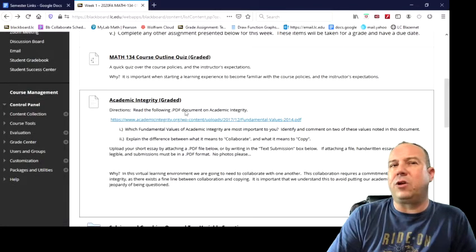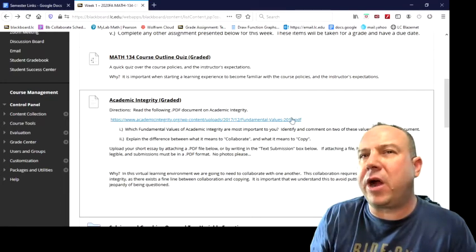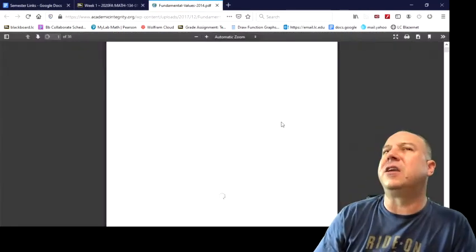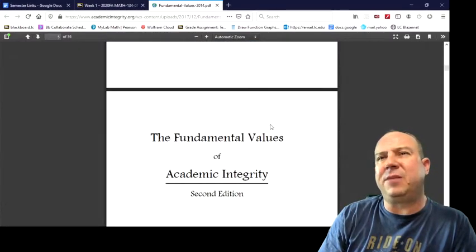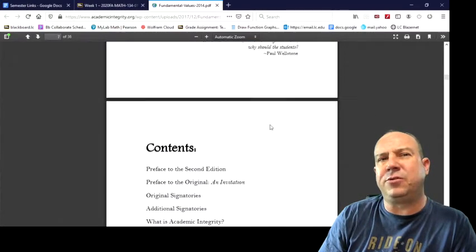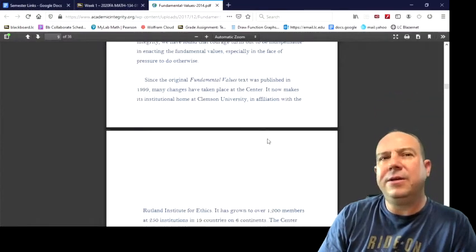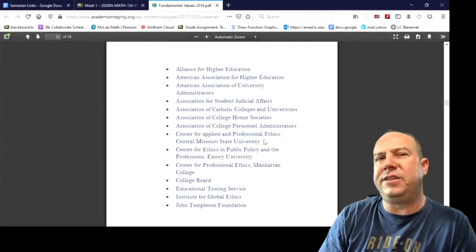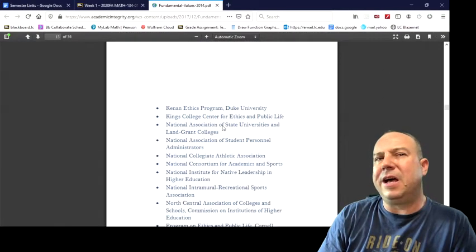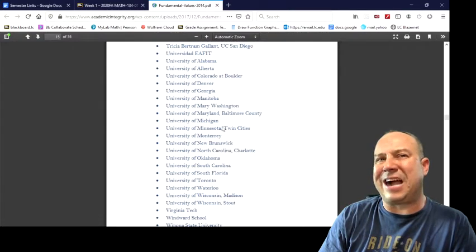I also have you do a quick little short essay over the topic of academic integrity, which does require you to look at this PDF document. All right. What I would like you to do in this PDF document, a little ways in, it introduces what is called the International Center for Academic Integrity, and it shows all the different associations that endorse this document.